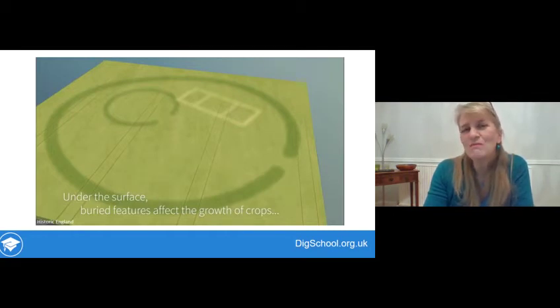But those buried features, the traces of the ditches that were dug to build the earthen bank, the drip gully around that circular roundhouse, and the footings of the stone wall of that rectangular Roman building are still there below the surface, and they affect how the crop grows, leaving the marks that you can see in the image here, like ghosts of those past structures.